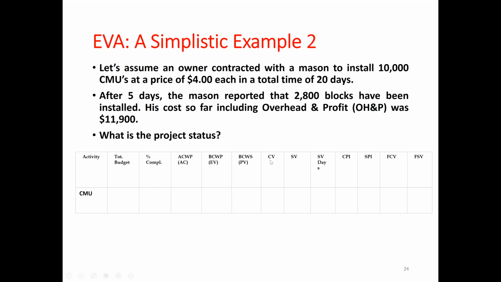How much is the cost variance, the schedule variance, and the schedule variance in terms of number of days? And how much are the cost performance index, the schedule performance index, and the future cost variance and future schedule variance? These values we have to find from the given data.